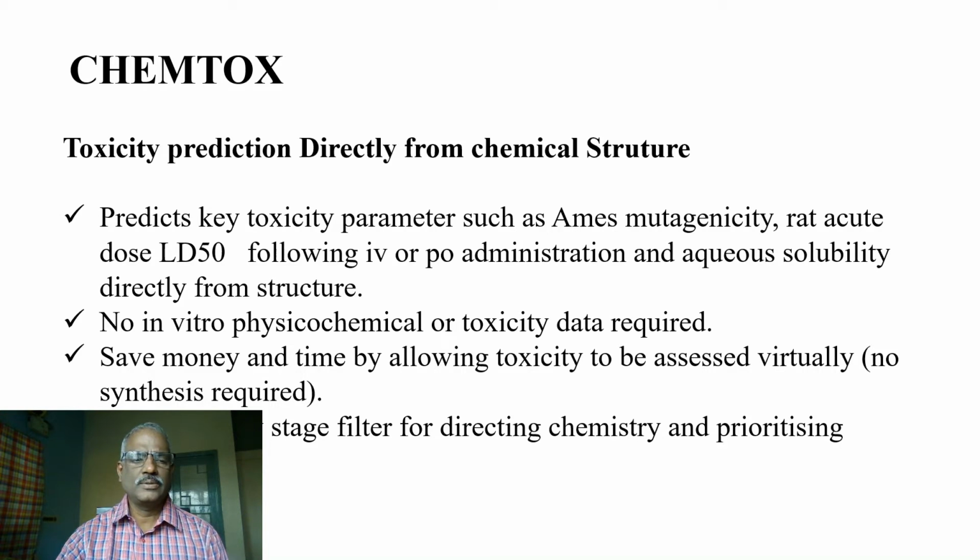For this, no in vitro physical, chemical, or toxicity data are required. This can save money and time by allowing toxicity to be assessed virtually, and it also provides an early stage filter for directing chemistry and prioritizing screening methodologies.